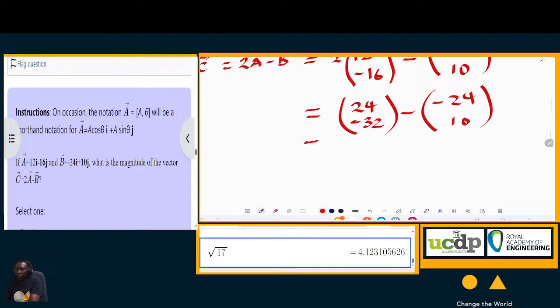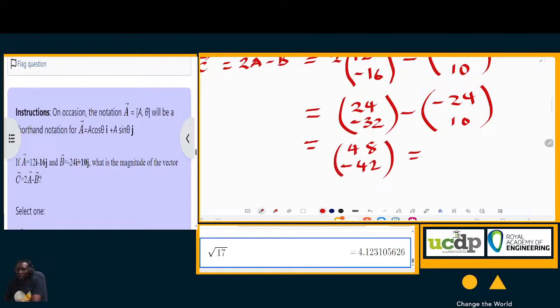And if we work that further, what would we have? 24 minus negative 24 should give us 48 positive, right? Because this becomes a plus. So we have 48 there. Negative 32 and negative 10 makes negative 42.